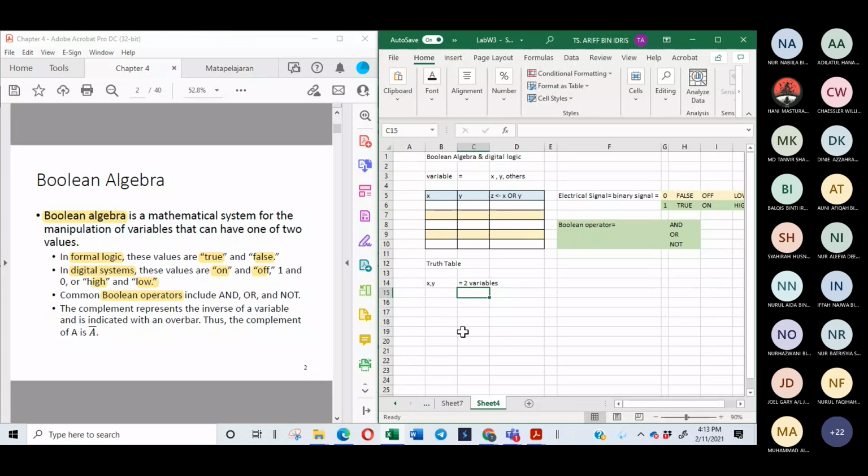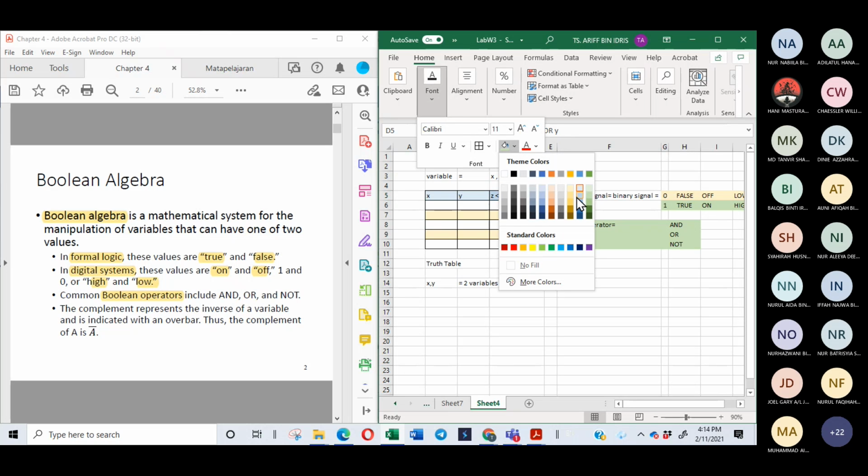So this part we call the input combination. What are the inputs that we feed in order to get the equivalent output? This is the output, Z equivalent to X or Y. You can copy this part first.